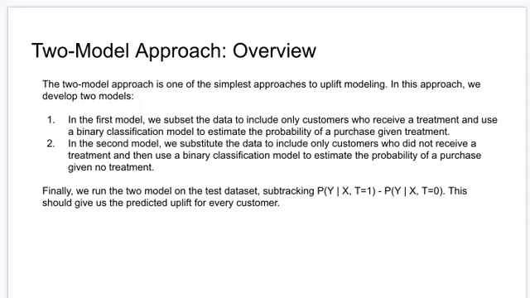Once you train these models and do your hyperparameter tuning, you can take these two models to the test set and score every single person within the test set, regardless of what treatment group they were in, and then subtract the control model from the test model. This theoretically gives you the uplift, the increase in probability of purchase given that you're showing somebody an ad.